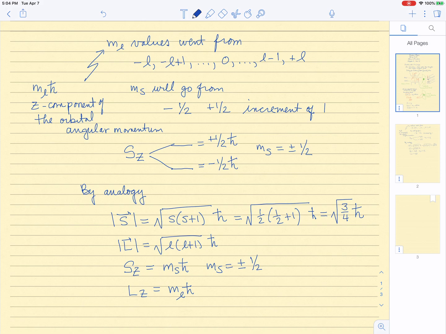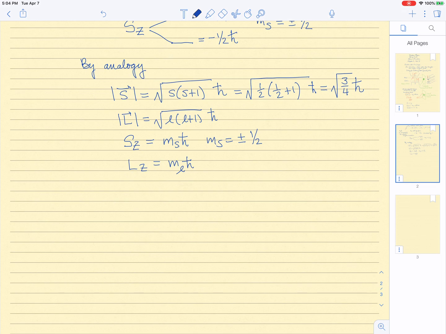So we could also use, by analogy, the vector model that we looked at earlier.